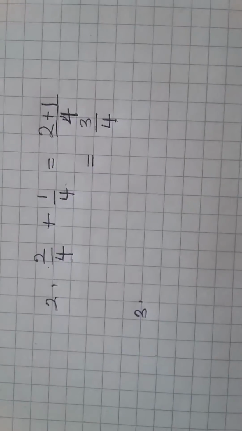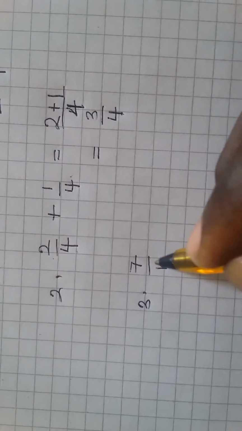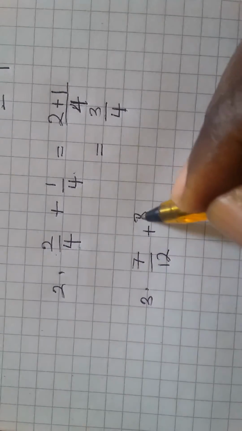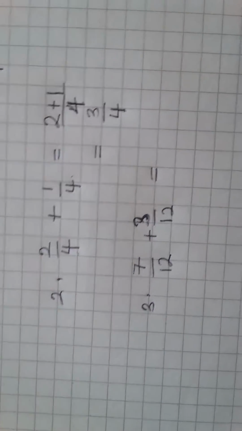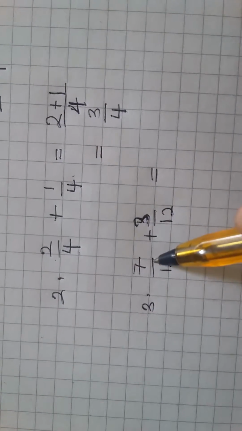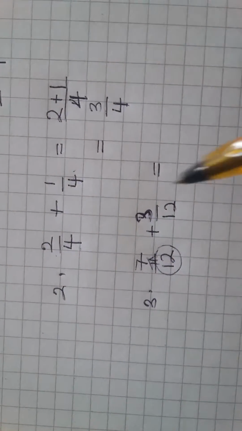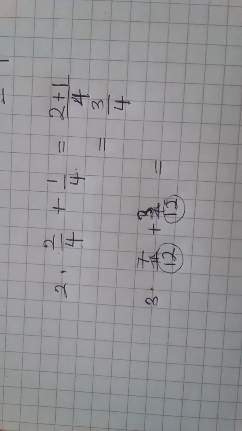Okay, then we go to example number 3. Let's see, I have 7 out of 12 plus 3 out of 12. The first fraction says that 12 people are sharing 7 things. And the same 12 people have 3 things somewhere else to share.